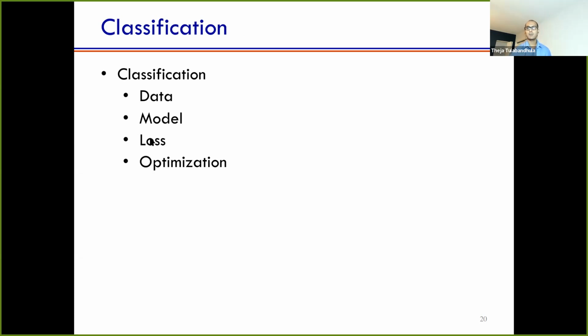You also need to define the criteria with which you're going to find a model, right? Optimize for the best model on the training data, and so that's the loss criteria or the objective for finding the best model. And then how do you actually compute the best model? So that's using optimization typically. Okay.